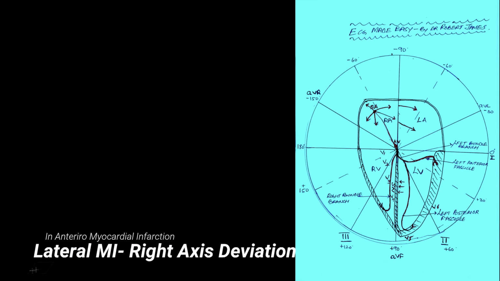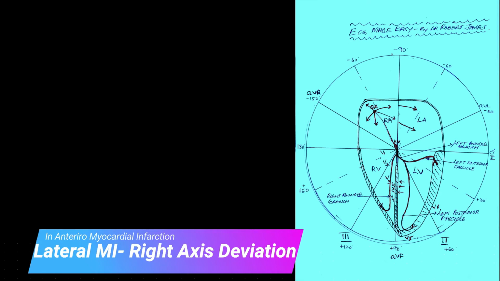There is a left axis deviation, and the sudden axis shift to left side, you should always think of inferior wall MI. Likewise, in lateral wall MI, in anterior MI, lead 1 and AVL, V5, V6, they are becoming less positive.